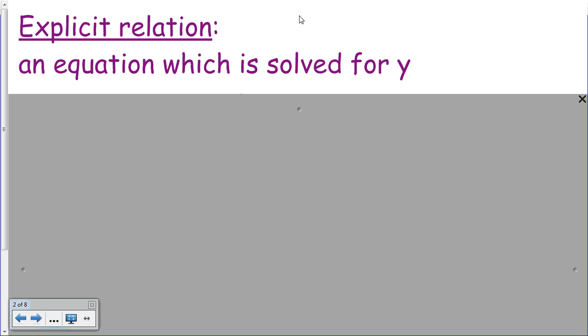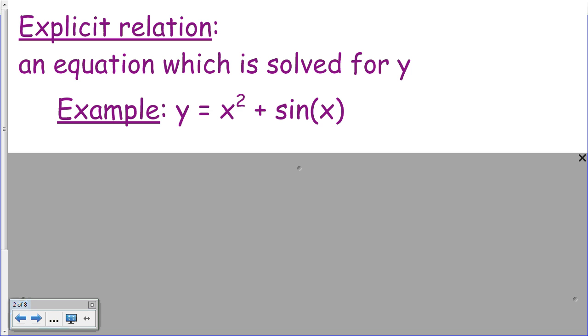A lot of functions that we work with are already solved for y as a function of x. For example, y equals x squared plus sine of x. As long as you have all of the x's on one side and just a lone y on the other side, you have an explicit relationship where it's solved for y.